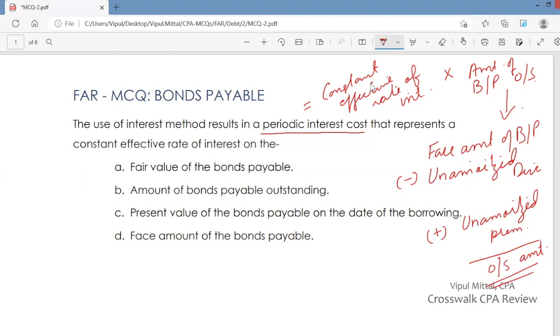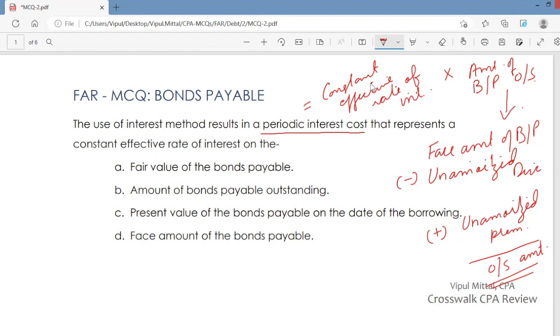So this interest method results in a periodic interest cost that represents a constant effective rate of interest on the amount of bonds payable outstanding. Although the amount of bonds payable outstanding changes every year, the effective rate of interest will not change.